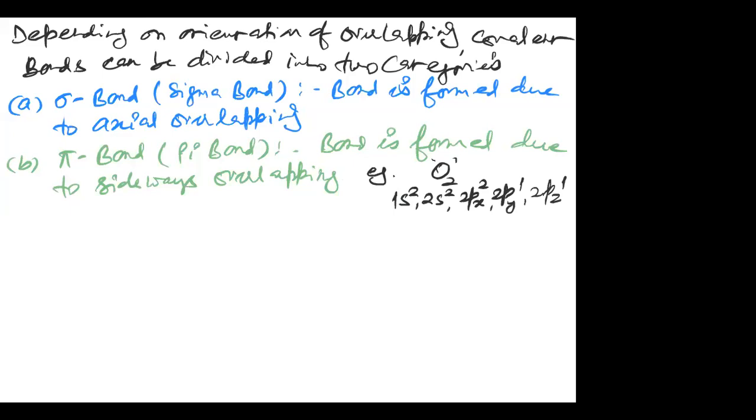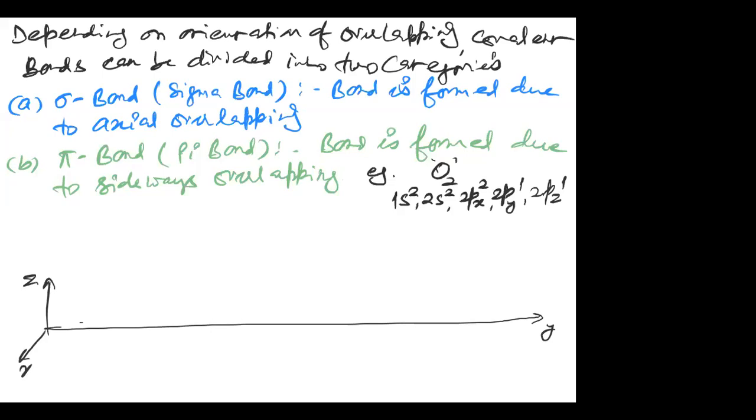Now suppose here we have this as y-axis or z-axis. This may be, suppose, the z-axis and this may be, let's say, the x-axis here. This may be one of the oxygen atoms and it is another oxygen atom here, and this is one of the 2p orbitals.